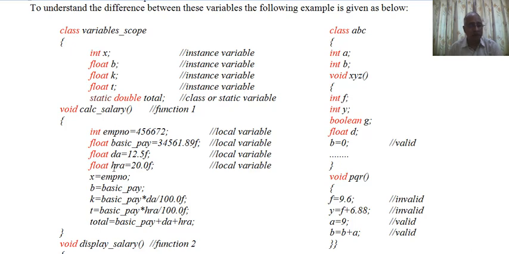They become invalid because they have been declared in this block, from this to this. So once they are declared in this block, they are within the scope of this block only. Their scope finishes or ends when they go out of this function. Whereas variables like x, b, k, t or total have been declared inside a class.